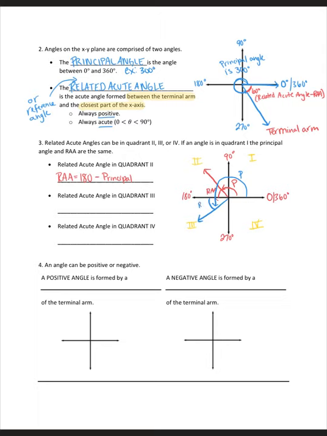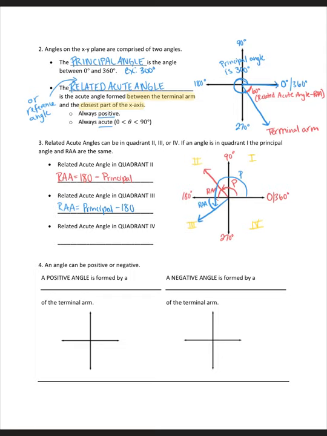So that piece right there would be my related acute angle. Well, here now my principal angle went all the way to 180 and past it, somewhere between 180 and 270. So when we're in the third quadrant, our related angle is going to be equal to our principal minus 180. If my principal was, let's say, 220, I have to take that 220 and subtract 180 from it to figure out what's my related acute angle.